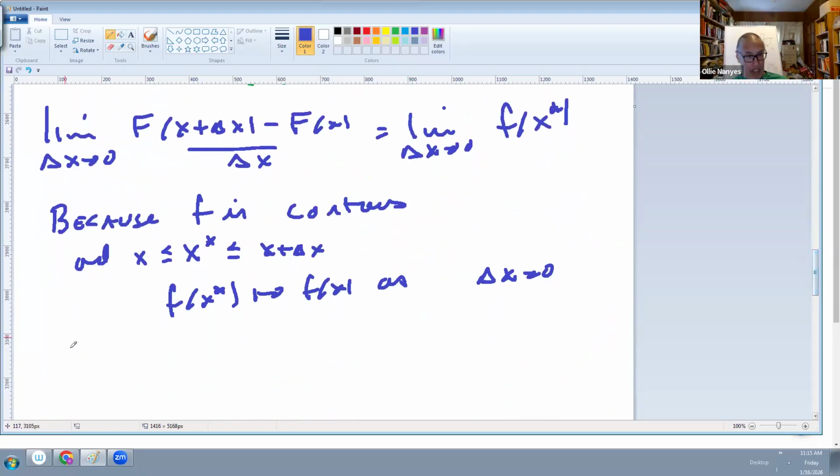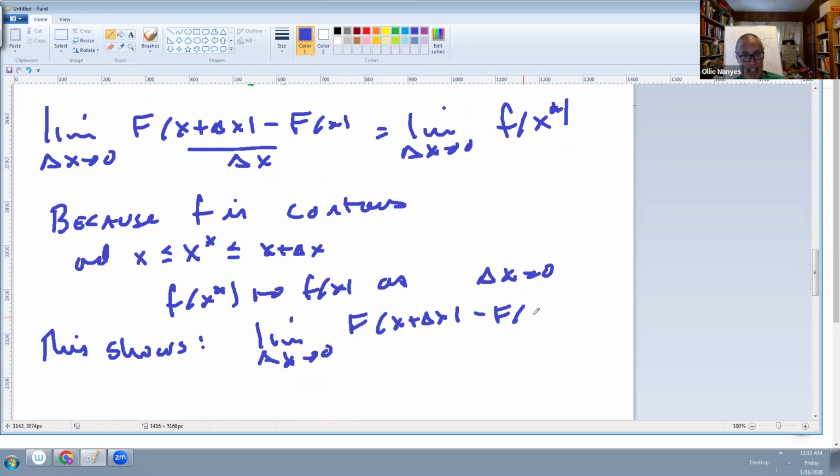So what this shows is two things. It shows that the limit as delta x goes to 0 of F of x plus delta x minus F of x over delta x exists and is equal to f of x as required.